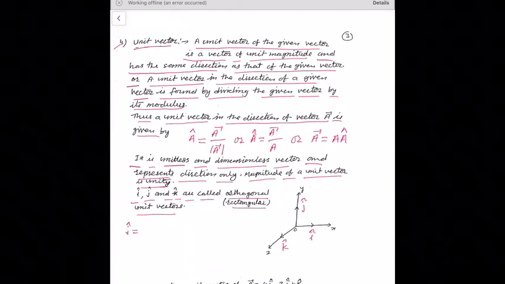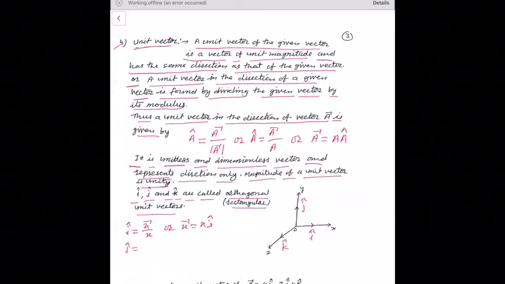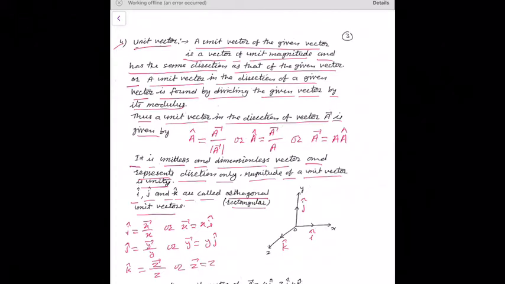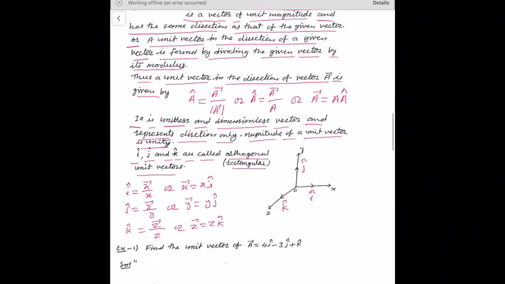So i cap is equal to vector x upon x, or vector x is equal to x into i cap, and j cap is equal to vector y upon y, or vector y is equal to y into j cap, and k cap is equal to vector z upon z, or vector z is equal to z into k cap.